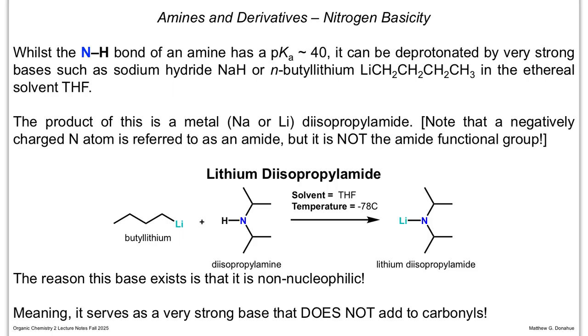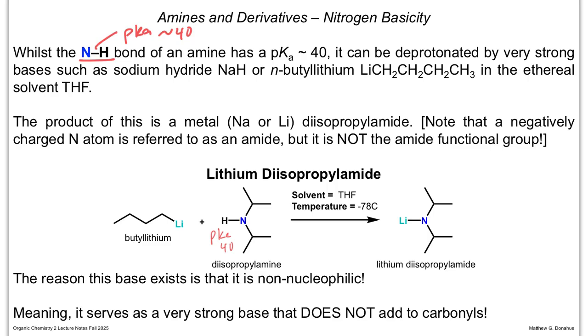To do that, we need to start with either a primary or a secondary amine, something that has an NH bond. The pKa typically of that sort of functional group is about 40. So it's a pretty weak acid when you compare it to an alcohol, which is like 16 to 18. So we have a pKa here of 40.